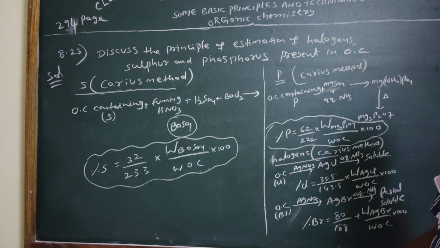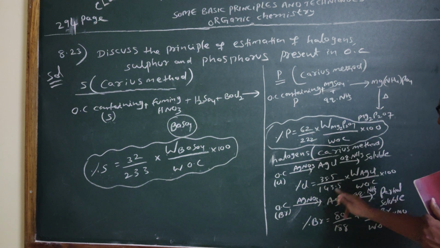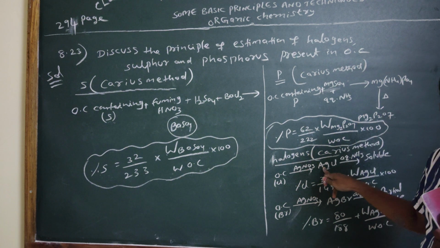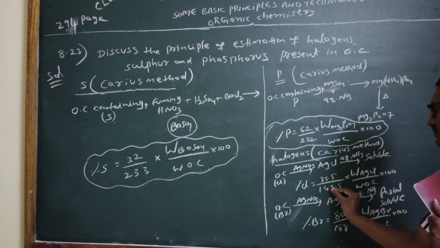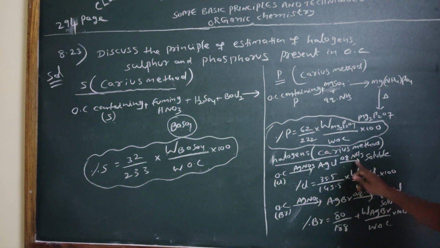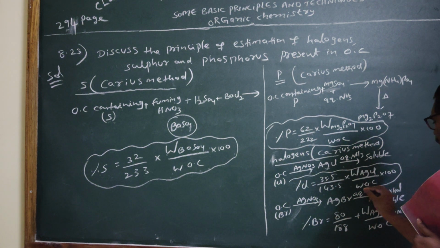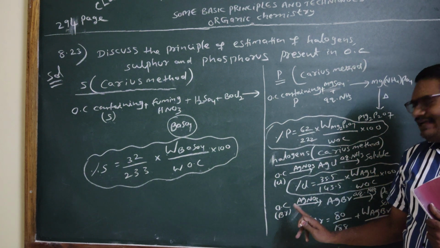Then percentage of chlorine is equal to chlorine weight 35.5 by AgCl molecular weight, Ag 108, chlorine 35.5, totally 143.5, into weight of AgCl by WOC into 100. It is the formula.